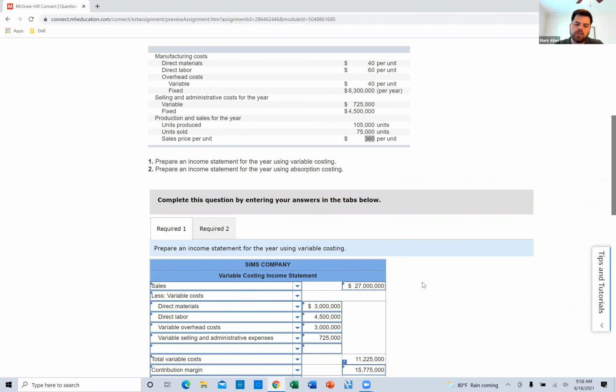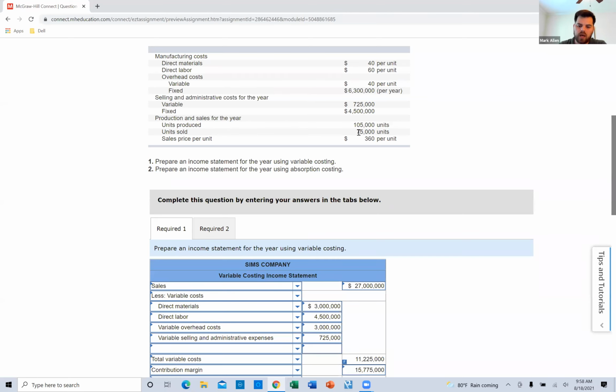So under variable costing, the first thing that we want to take out is my variable cost. So that's where we're going to start. So sales minus variable costs, and in this case, we can find that we have direct materials of $3 million. And you say, well, where did that $3 million come from? Well, that $3 million is because we sold 75,000 units and we had direct materials of $40 per unit.